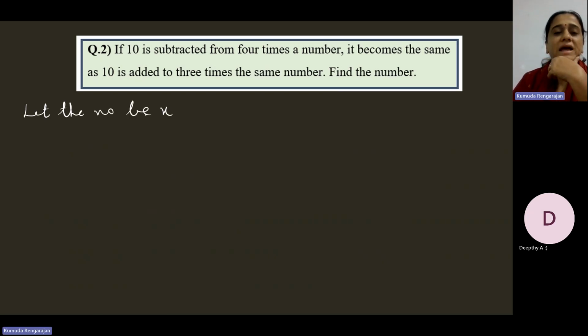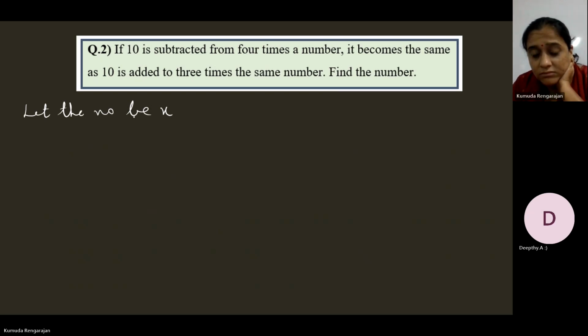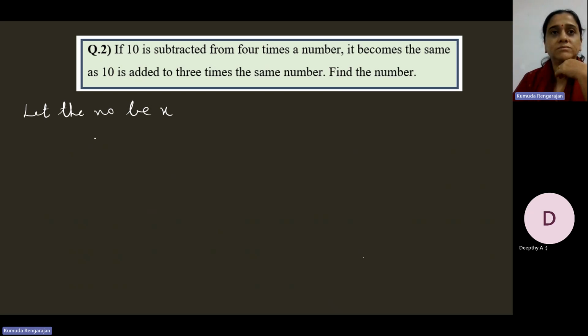What is 10 subtracted from 4 times a number? What is 4 times a number, Deepti? 4x.